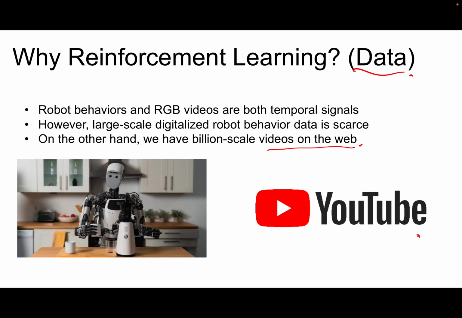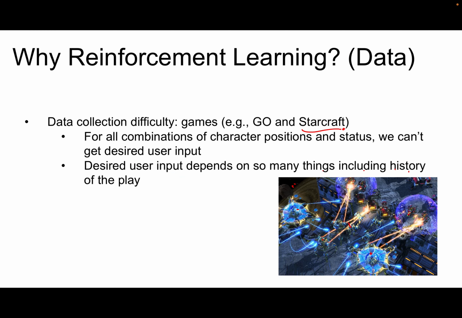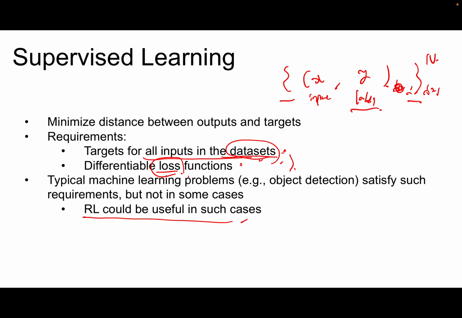So what I was talking about is this one. Targets for all input in the data set should be available for supervised learning, but for robots or some characters in games or some agents, it might be almost impossible to collect data. This is a little bit different story, but these days, many big tech companies are trying to do this. Just use supervised learning, just invest infinite amount of money, and then just collect lots of data using teleoperation or anything.